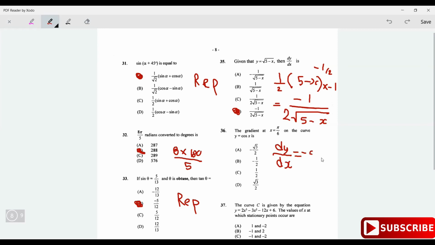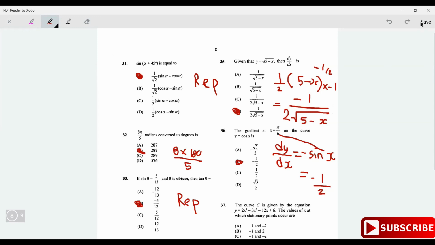So you get minus sine x, and then all you need to do is plug in x as pi by 6. So we're going to get minus sine of pi by 6, which is minus a half. Nice and easy.